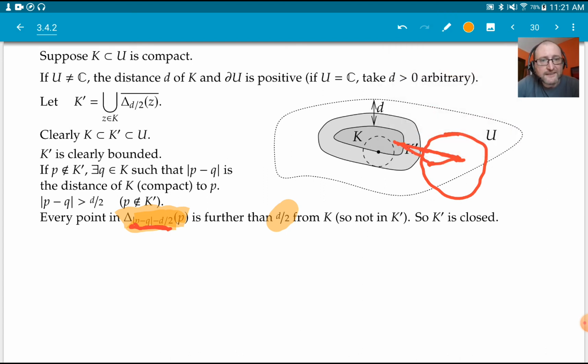Therefore, we have that K prime is closed, and since it's bounded and closed and it's a subset of C, it is compact. Remember, closed and bounded is not the same thing as compact in general, but as a subset of a finite dimensional Euclidean space, yes, then it's fine. It's closed as a subset of C, and it's bounded as a subset of C, which is R2, so it is compact.